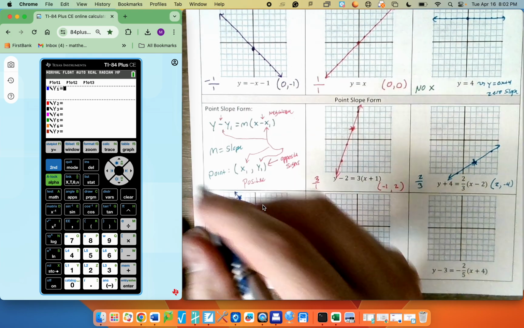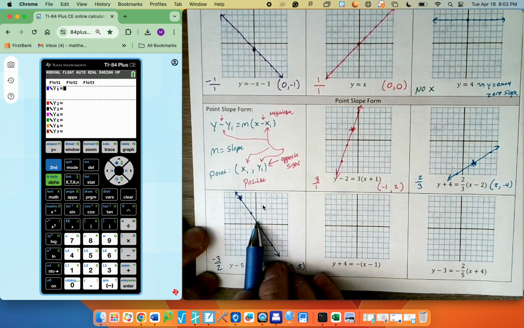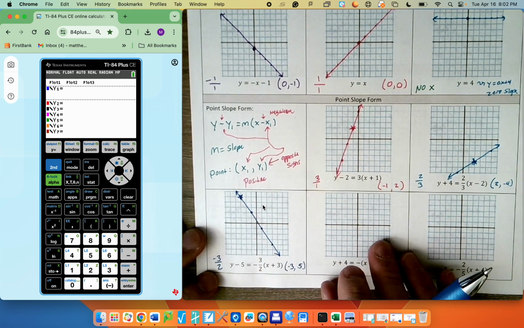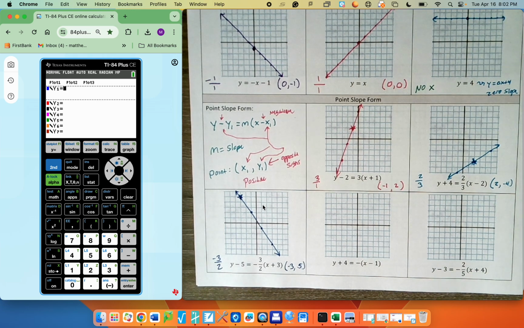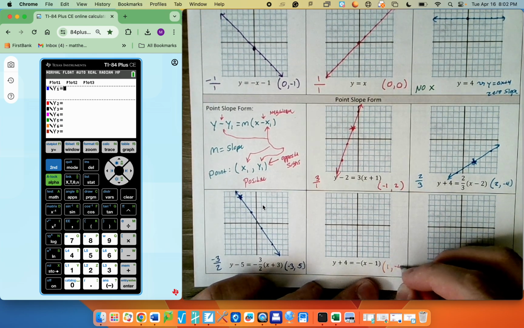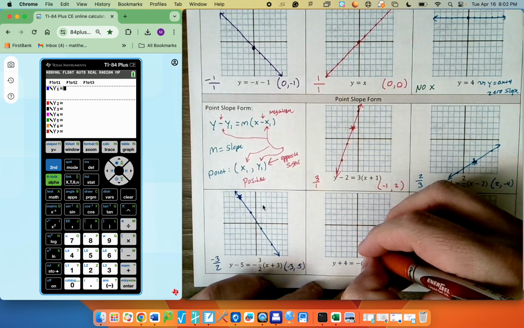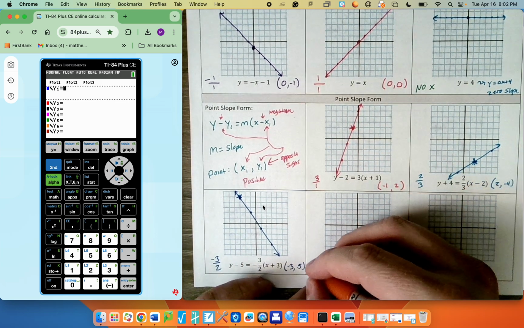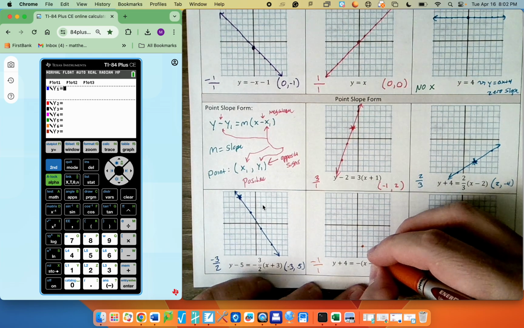Again, it looks like our y-intercept was not a pretty nice whole number. So graphing it from point-slope form saves us a little bit of effort of not having to figure out what it is. Okay, this one, +1, -4, with a -1/1 slope.